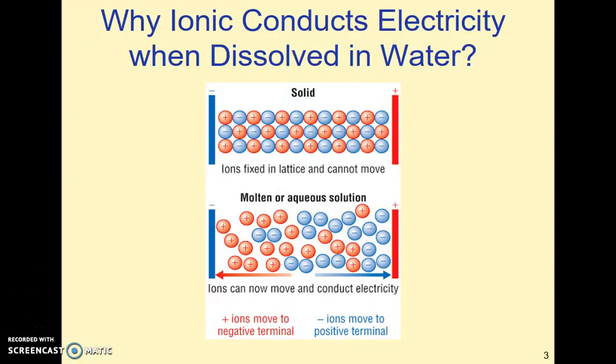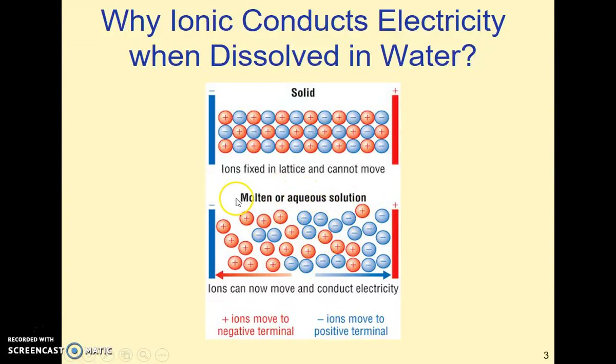So here we're going to discuss why ionic compounds conduct electricity when dissolved in water and not in solid form. When ionic compounds are in solid form, as we saw when we looked at the ionic crystal lattice, the ions are fixed in this lattice and cannot move. And there's lattice energy that prevents them from moving around. In order to conduct electricity, and you should write this down, you need moving ions.